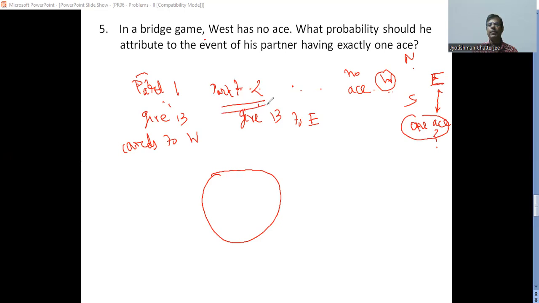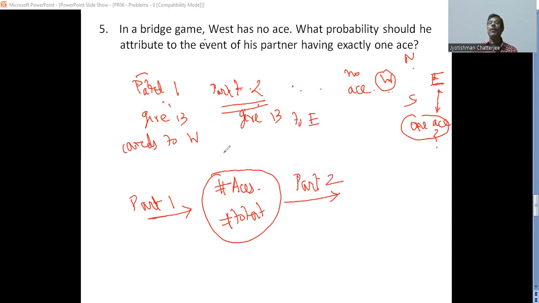And for that, what's important to us? What is the configuration of interest here? Configuration of interest here is number of aces remaining and total number of cards after part 1. And then part 2.